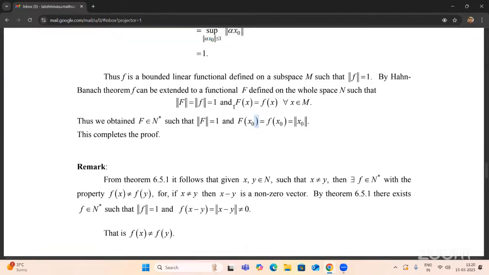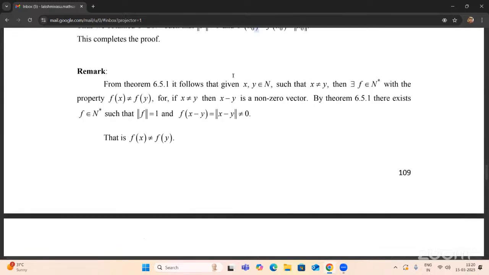Here capital F belongs to the dual of the normed linear space, N star. So norm capital F equals 1, and F of x naught equals small f of x naught. So F of x naught is also equivalent to norm x naught. That completes the proof.